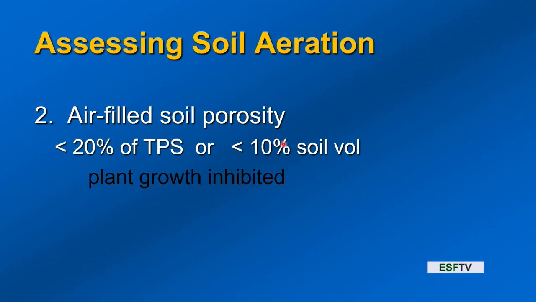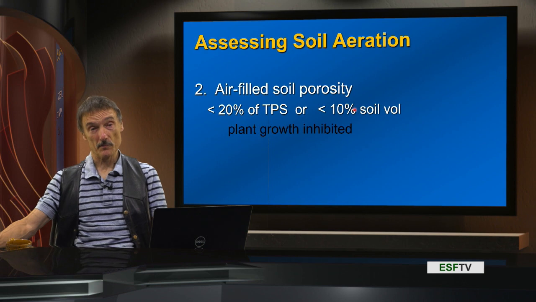So here's a rule of thumb, a cutoff: total pore space air-filled less than 20%, or less than 10% of the soil volume, inhibits plant growth, hence poor aeration. So we have concentration of oxygen and CO2, and we have air-filled porosity as two metrics, and we go on, there's more.